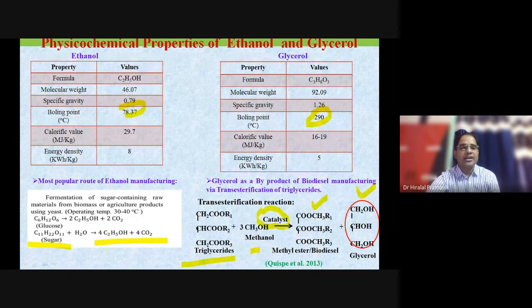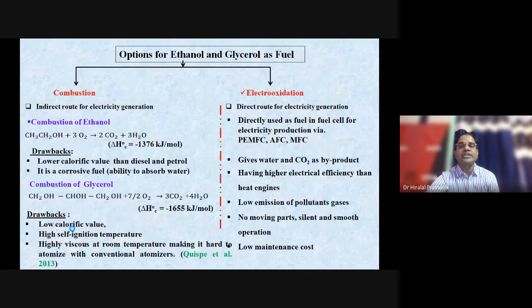Okay, these are the two routes for the two different alcohol renewable fuels I have mentioned here. So combustion of these or electro-oxidation, both routes are available. However, combustion of ethanol or glycerol has certain drawbacks. But in electro-oxidation you can directly have the electricity.